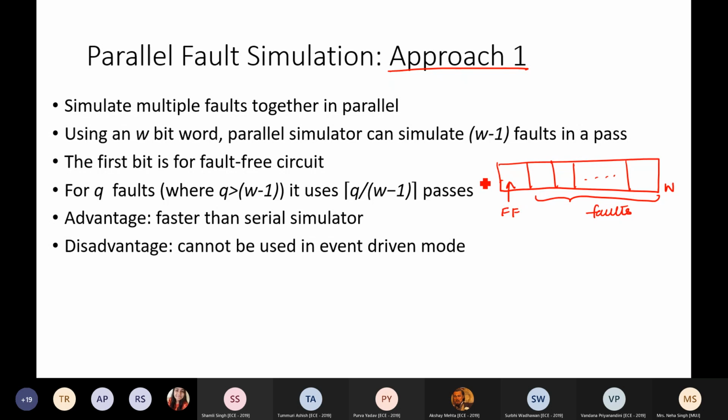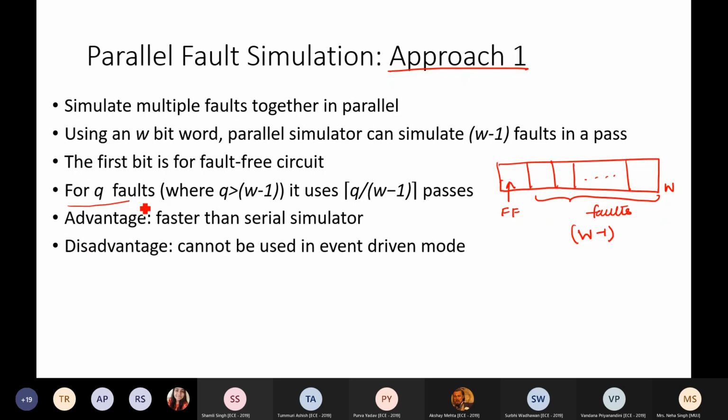So in one pass of this word, I can simulate W minus 1 faults. If the number of faults in the circuit are more than W minus 1, I need to make another pass, right? वापस से मुझे एक word ये वापस देना पड़ेगा for more faults to be considered. So that is what is written over here.